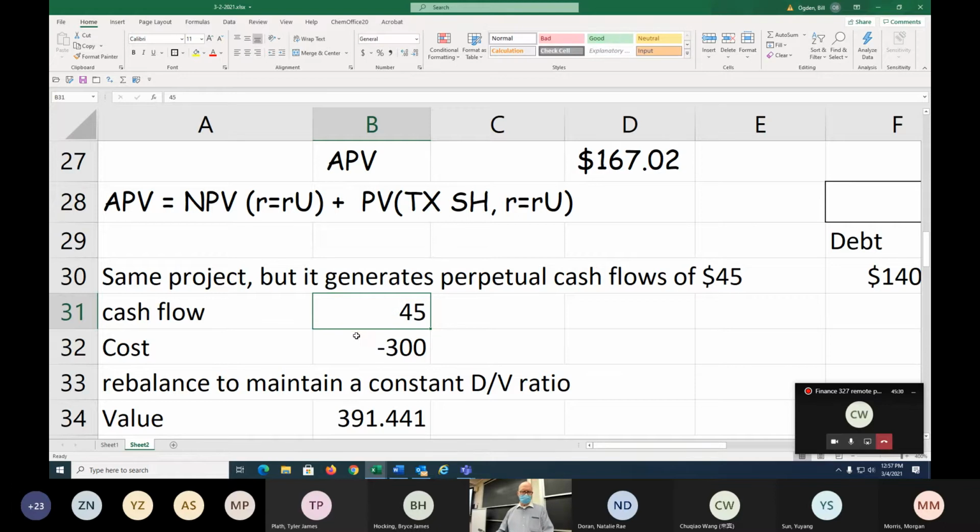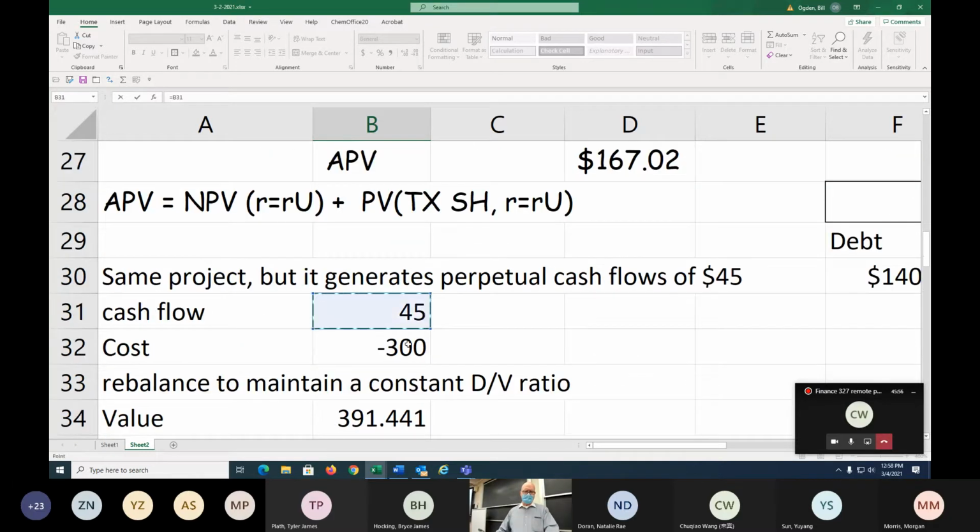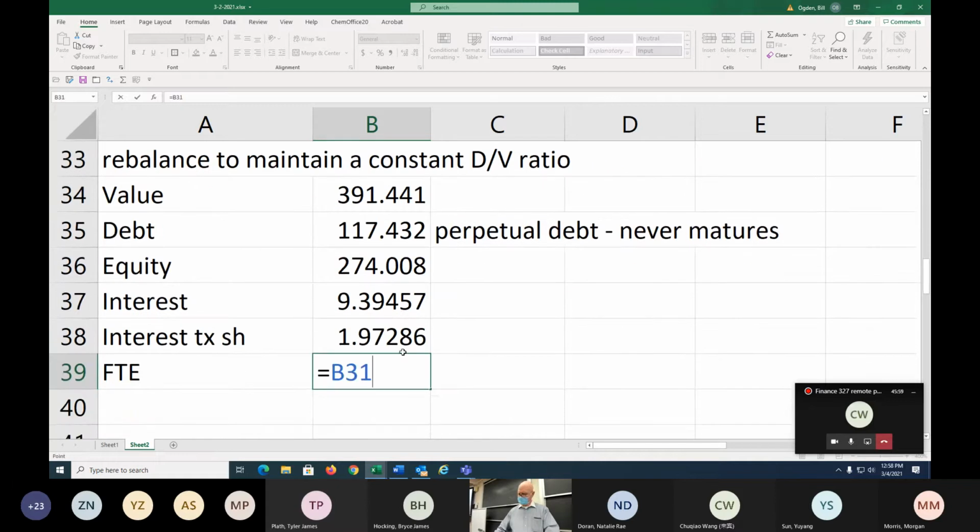All right, so flow to equity. See if we got it right. Now, I'm telling you, if I give you something to do, it's in your best interest to do it. You're firing with a live round. You're going to get to do it on the exam. I hope you saw that in exam 1. So flow to equity equals the cash flow minus any debt retired.